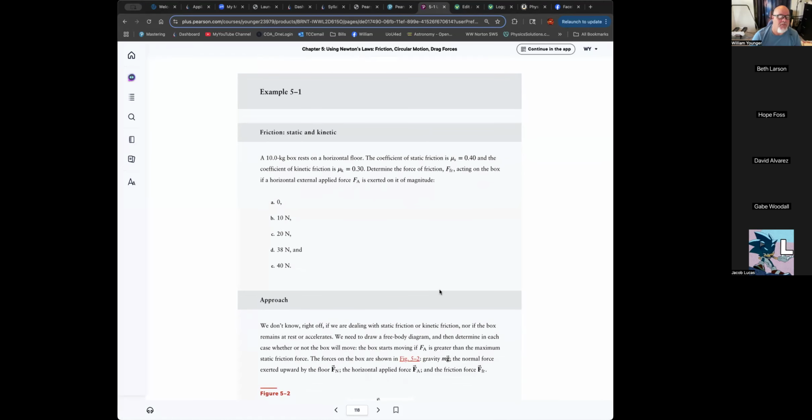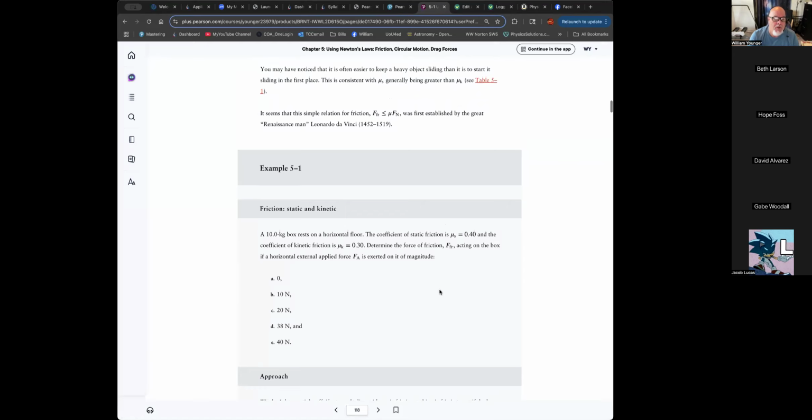Example 5.1, it says friction, static, and kinetic. A 10 kilogram box rests on a horizontal floor. The coefficient of static friction, mu static, equals 0.40, and the coefficient of kinetic friction, mu kinetic, is equal to 0.30. Determine the force of friction, F friction. Notice your book's using different terminology than I use.